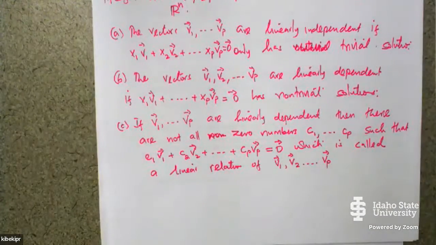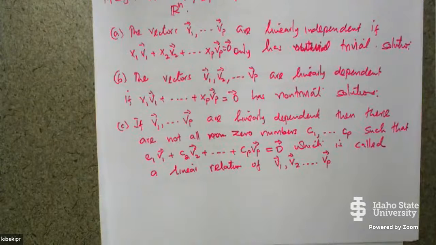If we find it is linearly dependent, we continue solving and get the values of C1, C2, C3. This is what we call the linear relation.